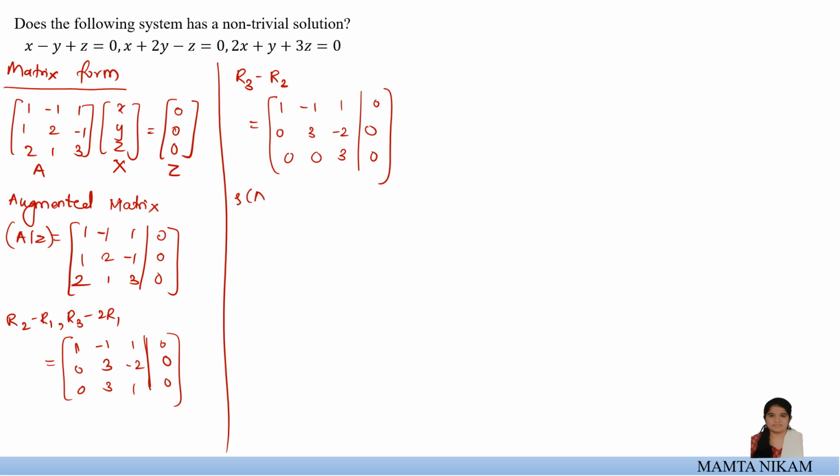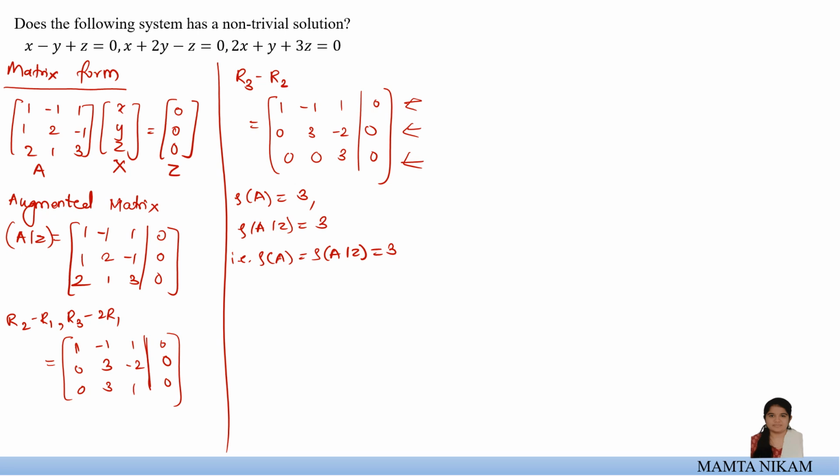In all three rows, there is a non-zero element present, so the rank of A is 3. What will be the rank of the augmented matrix? Temporarily don't look at the straight line, consider the rows directly. In all three rows there is a non-zero element present, so the rank of A augmented is 3. So here we observe rank of A is equal to rank of A augmented Z, which is equal to 3.